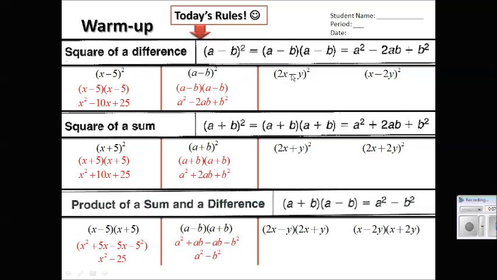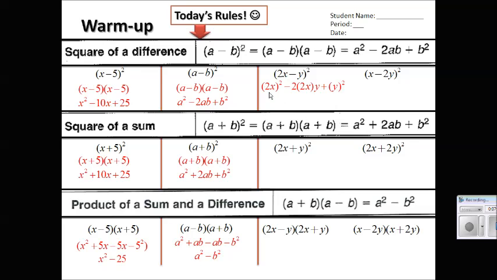It's a subtraction. So I can use this rule, a minus b squared, and go straight to the answer. A squared, so 2x squared, minus 2 times a times b. So minus 2 times 2x times y, plus b squared, plus y squared.